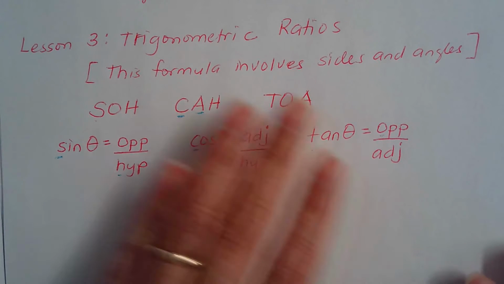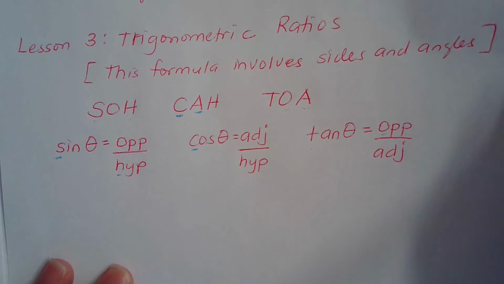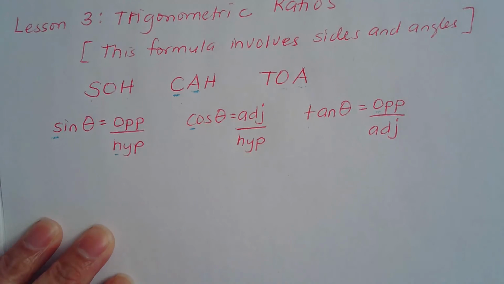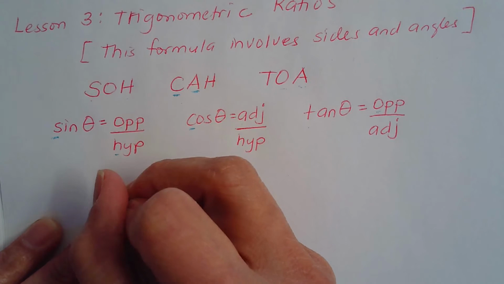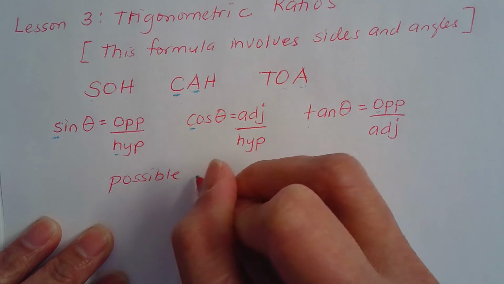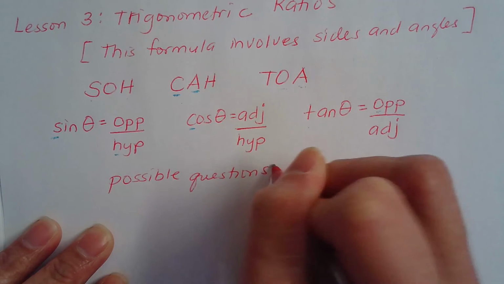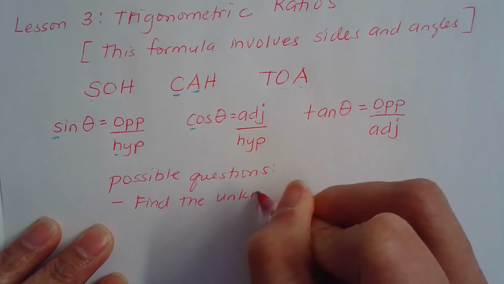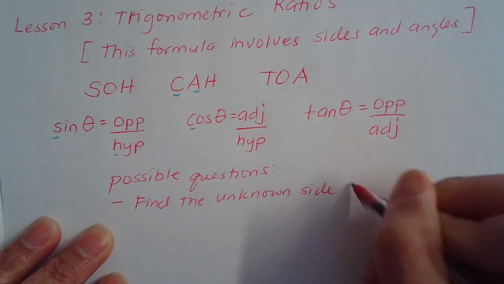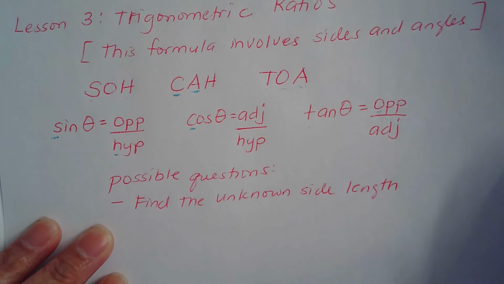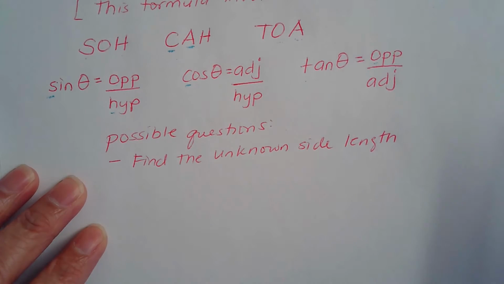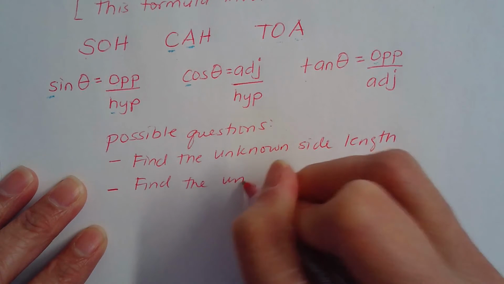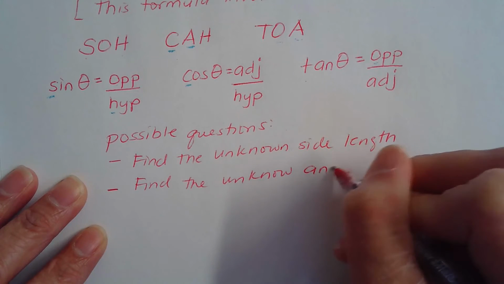Okay, so now in this case, because it involves sides and angles, the possible questions could be find the unknown side length, or find the unknown angle.